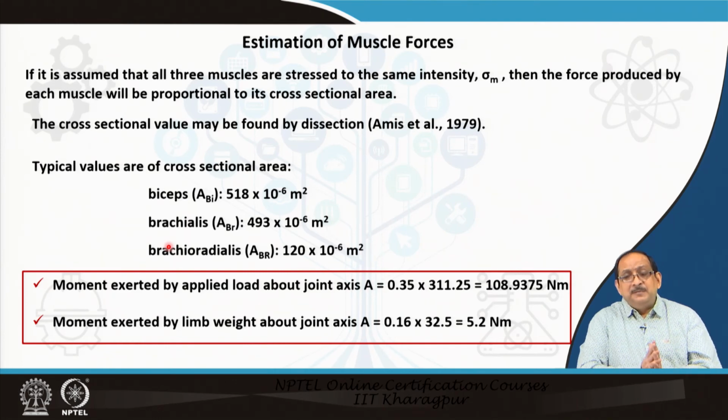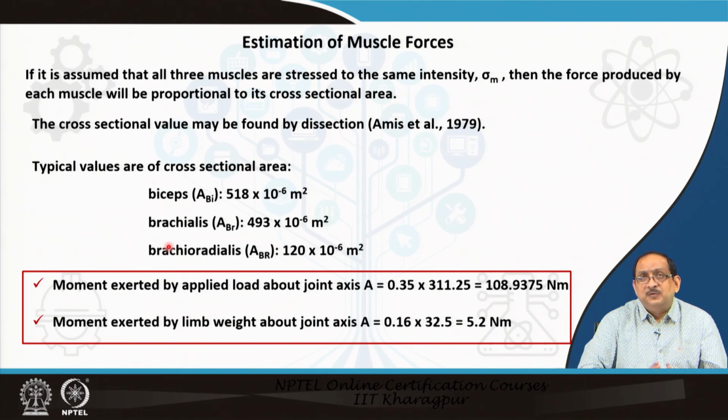The next step, rather a major step, is the estimation of the muscle forces. Now, in order to undertake the calculation for the estimation of the muscle forces, it is assumed that all the three muscles are stressed to the same intensity.